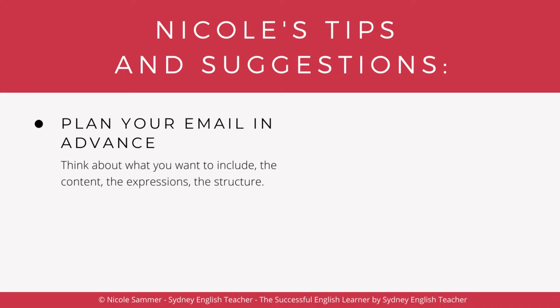You can include some expressions, some words that you want to use as well, not just ideas about content. But doing this and taking a few minutes to think about this and put some notes on paper will make writing emails so much easier, and it will make the overall process a lot less stressful.